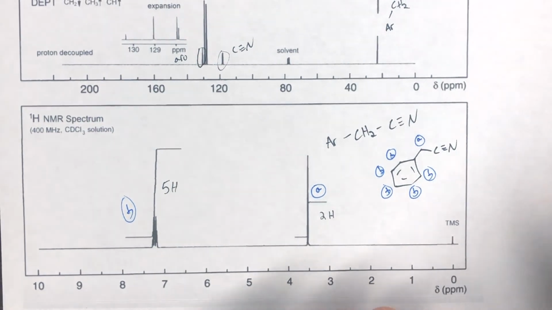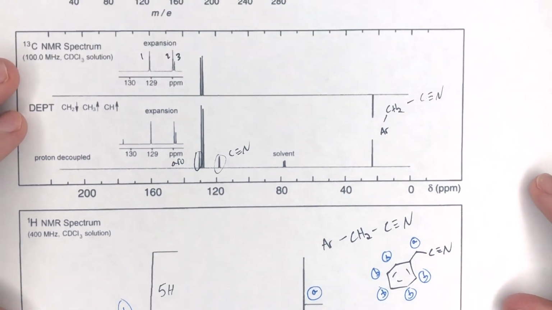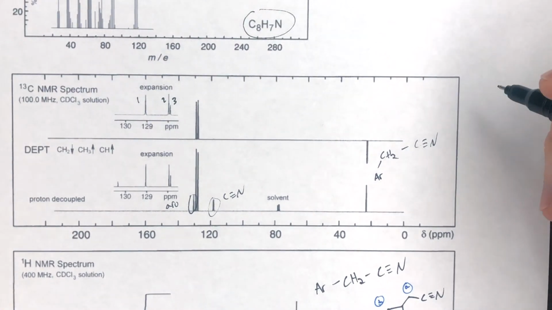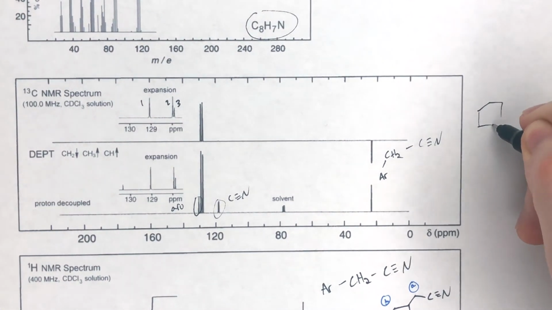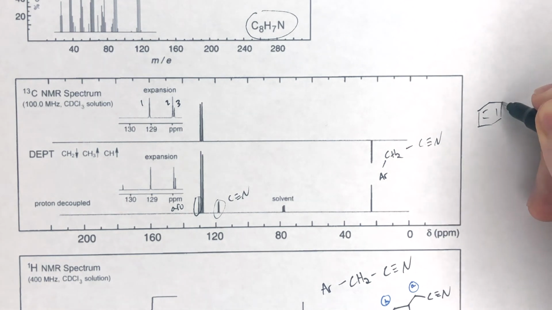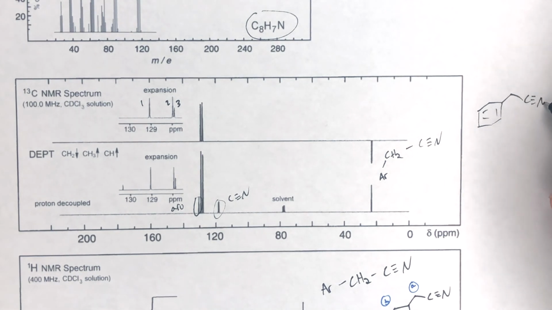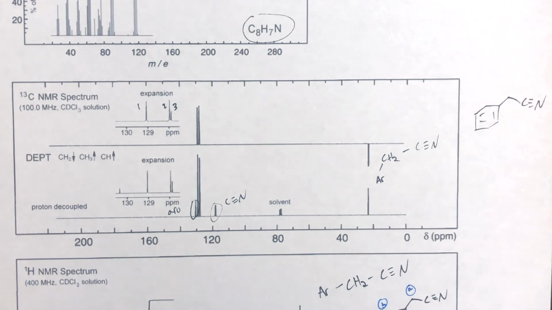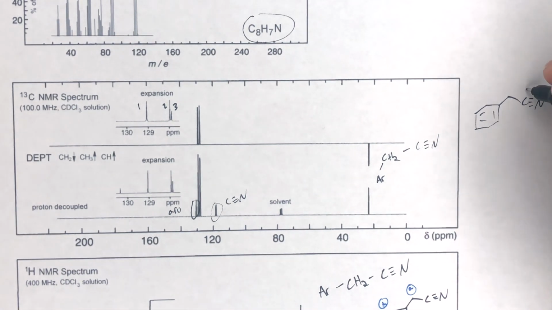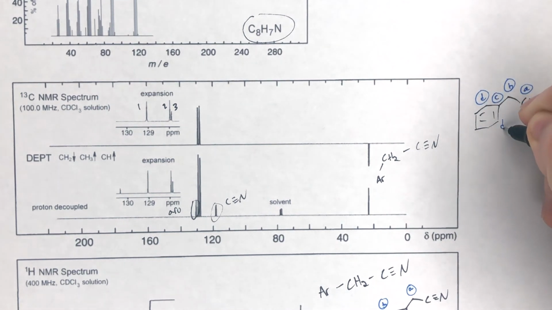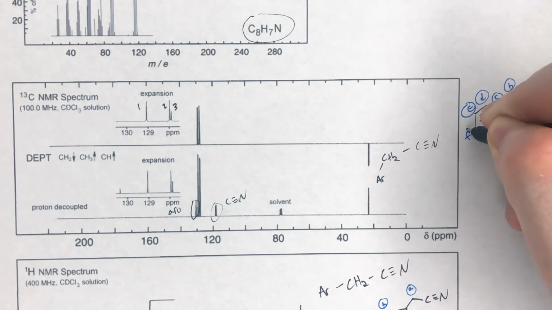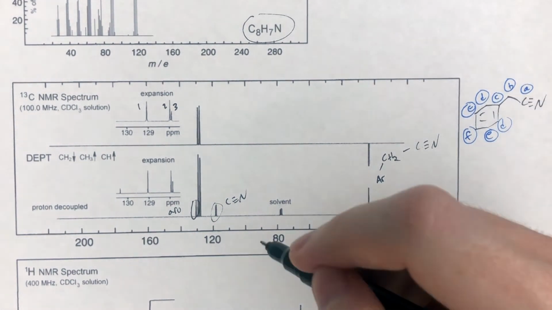Then we can do the same for the carbon NMR, which in this case has slightly more information. But again, we have some symmetry, which is why we have fewer peaks than we do carbons. And we have 2 quaternary carbons. And F. So A is our nitrile, which is here.